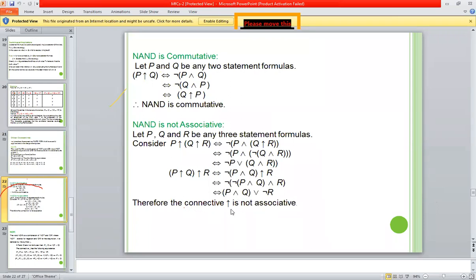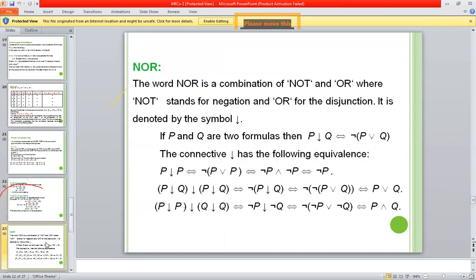Therefore, the connective NAND is not associative.